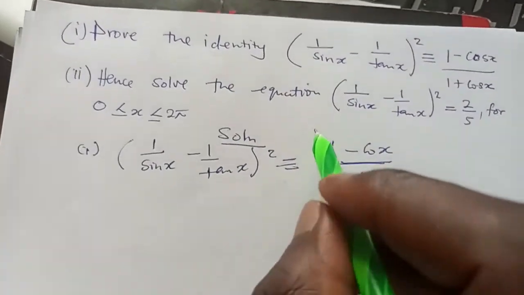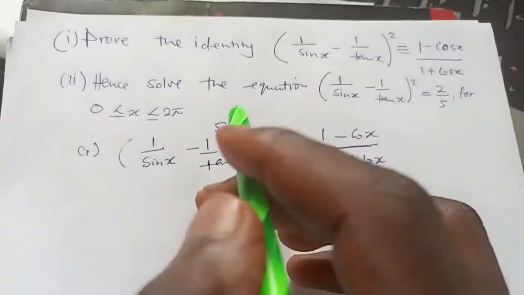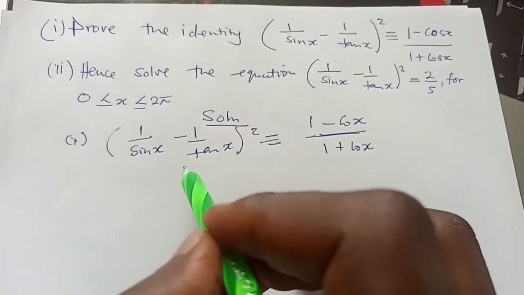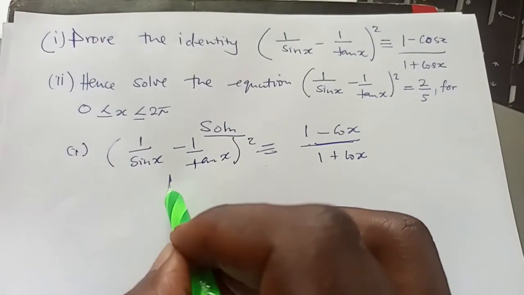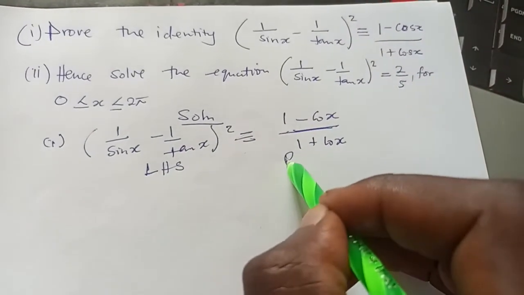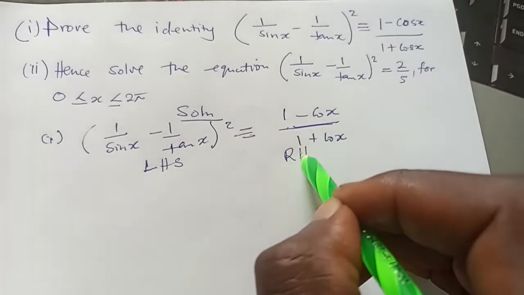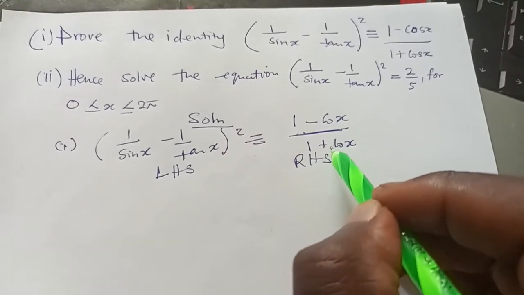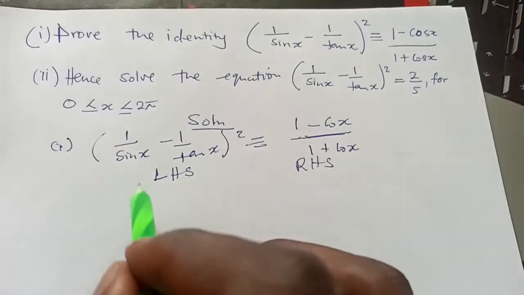Now we are taught to prove the left hand side is equal to the right hand side, so we start with the more complicated part.